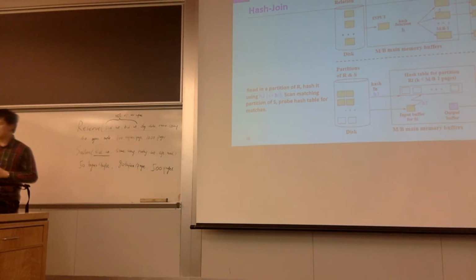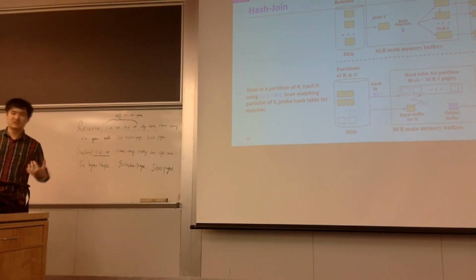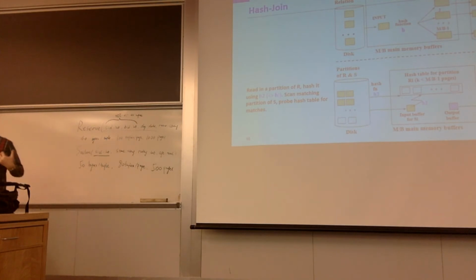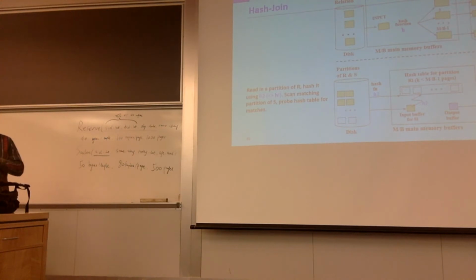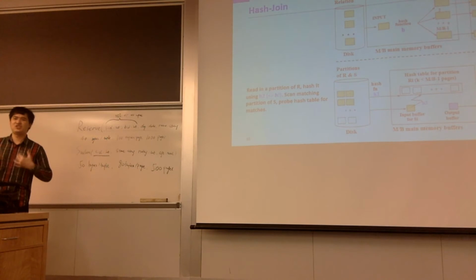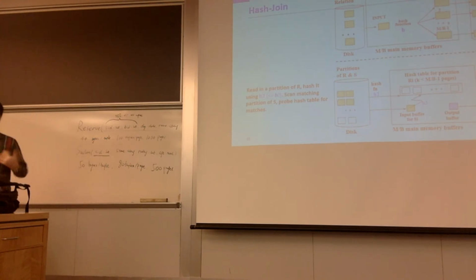But in reality, of course, in a database we need to handle much larger tables than your memory. So building a whole hash table on one of your relations is not feasible. So what we do here is apply a similar approach to what we used in hash distinct or hash aggregation, hash grouping.